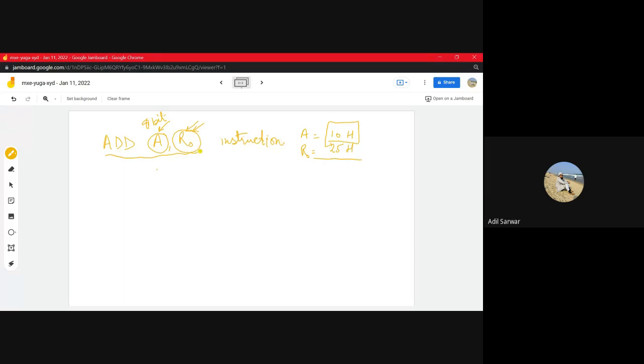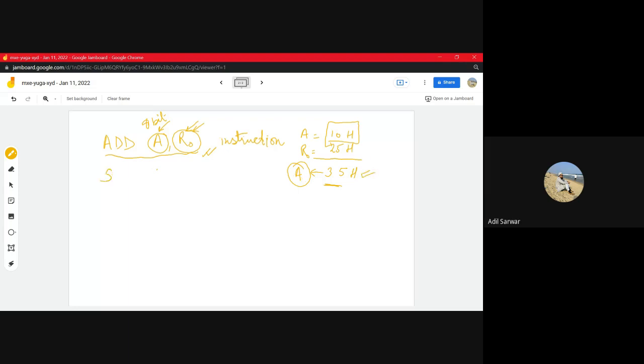After the execution of the instruction add A comma R0, what would be the result? The result would be 35H. So this value 35H would be stored in A. That means the content of A would be modified. Before this instruction, A was having 10H and R0 was having 25H, but after this instruction, A will have 35H.